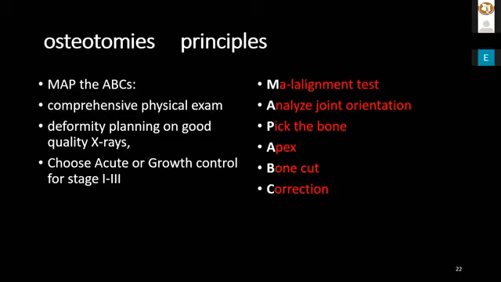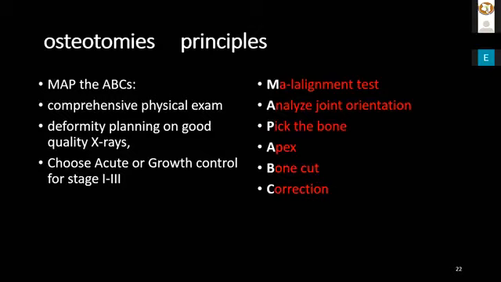Then choose whether you're going for acute or gradual correction. Gradual correction for stage 1 and 2 is usually indicated for the very obese children, because you are able to fine-tune your correction.